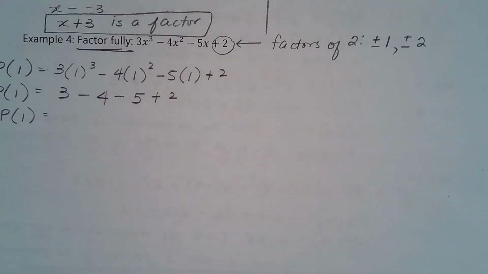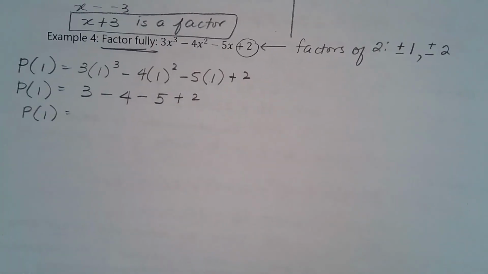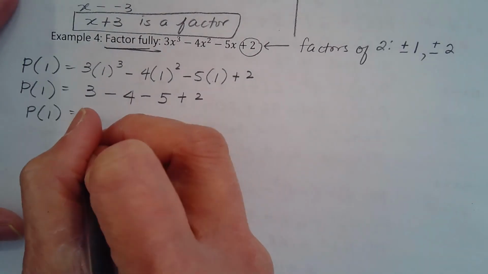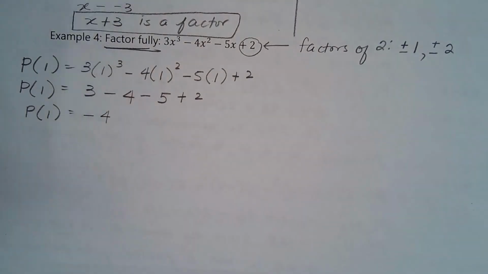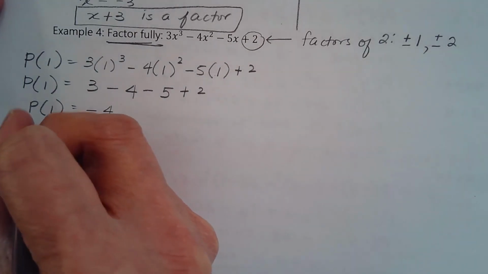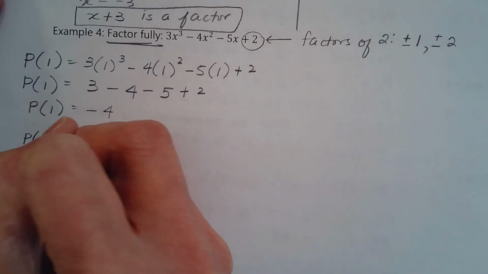Does P of 1 give us a remainder of 0? The remainder here is minus 4. We don't want that. We'll try minus 1 first. Try minus 1.